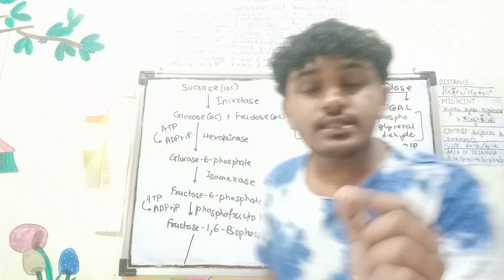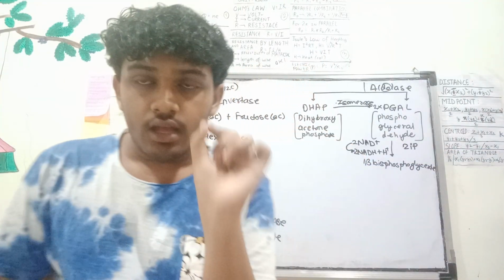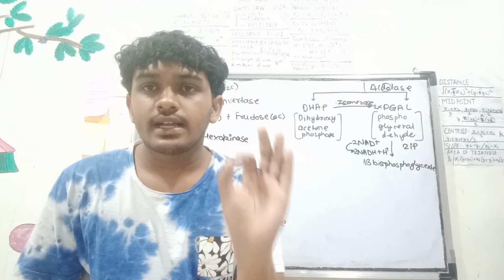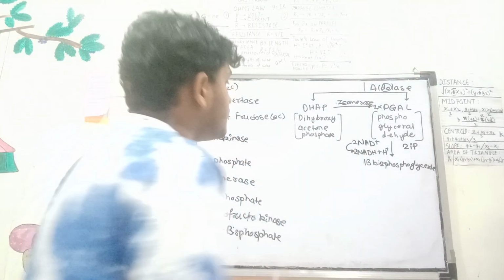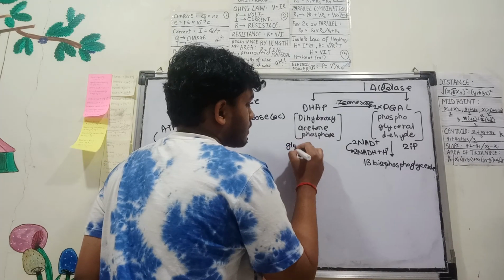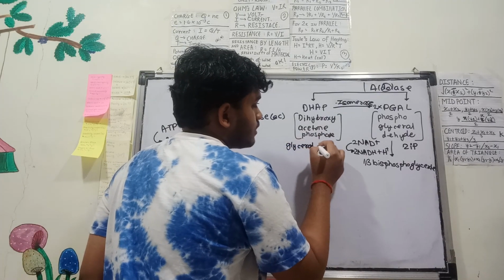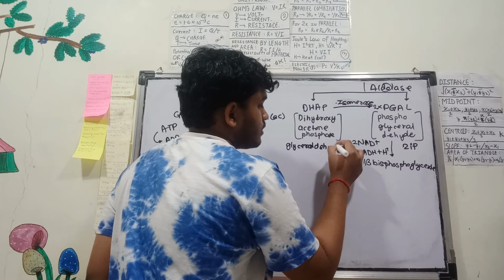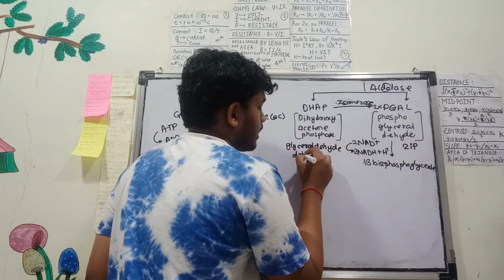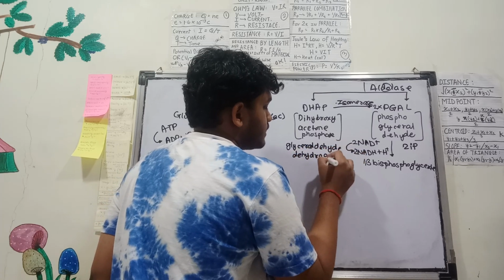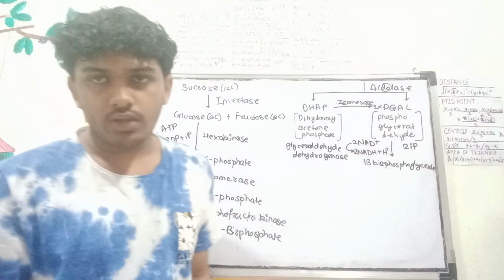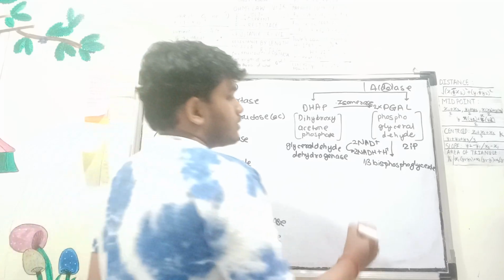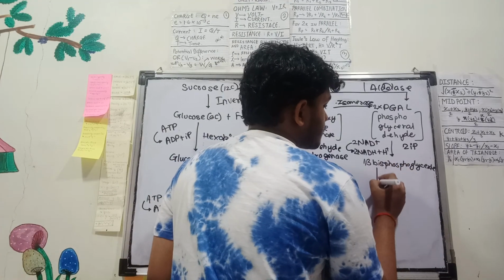What is the reactant's name? Phosphoglyceraldehyde. We'll remove the phospho, take glyceraldehyde and dehydrogenase. So the enzyme's name would be glyceraldehyde dehydrogenase.